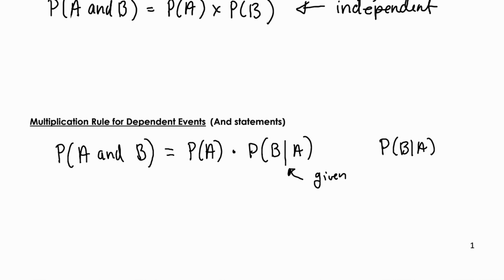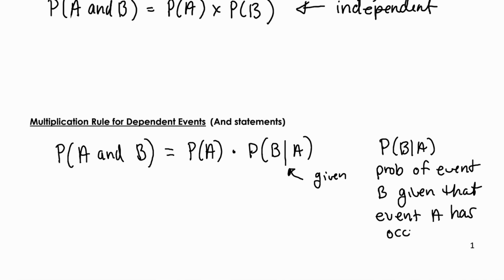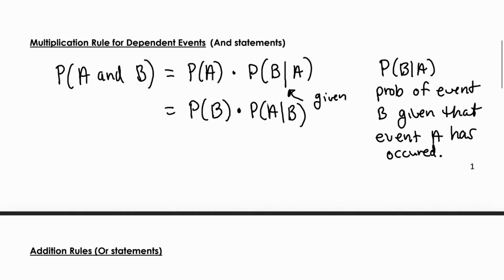This notation means the probability of event B given that event A has occurred. We could also switch the letters around: the probability of event B times the probability of event A given that B has already happened.